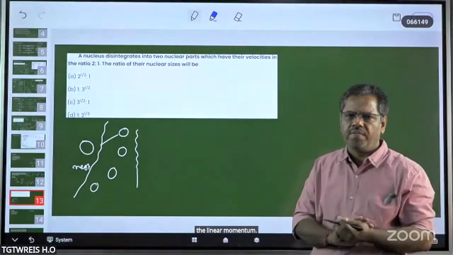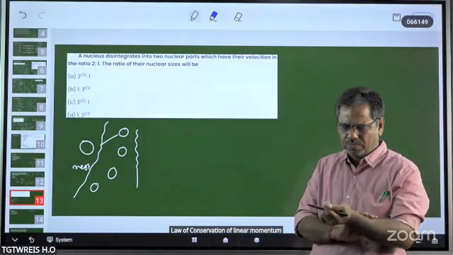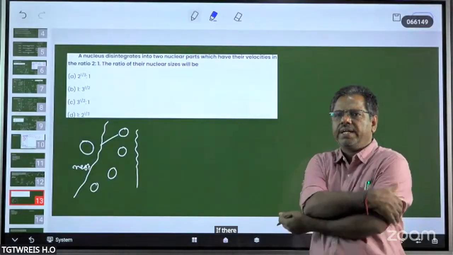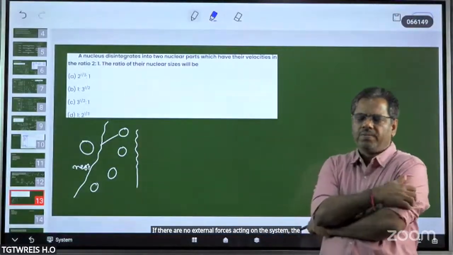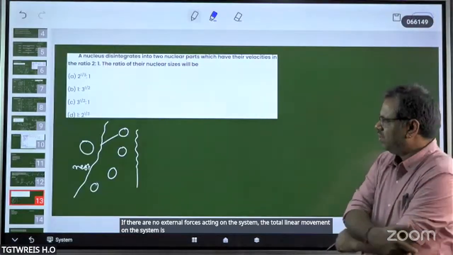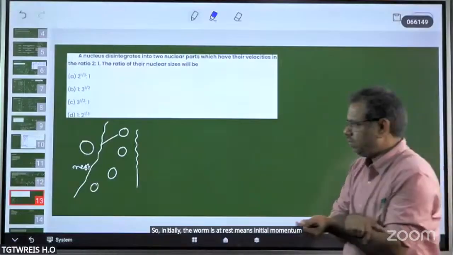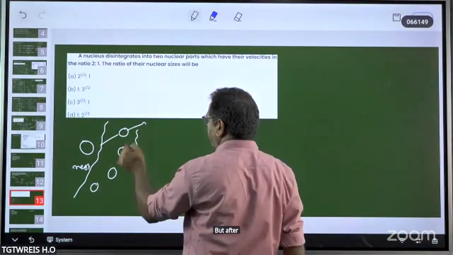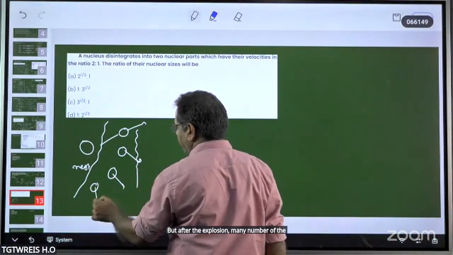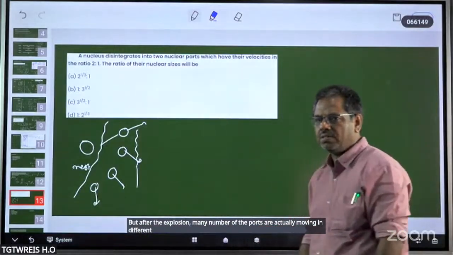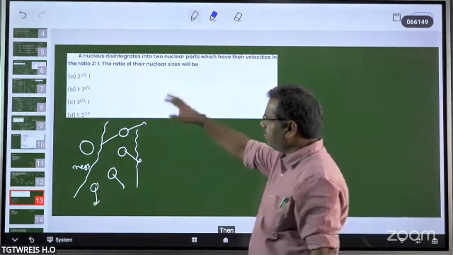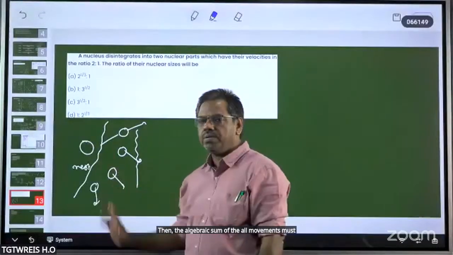The law of conservation of linear momentum you already know: if there are no external forces acting on the system, the total linear momentum of the system remains constant. Initially the bomb is at rest, so the initial momentum is equal to 0. But after the explosion, many parts move in different directions. Then the vector sum of all the momenta must also be equal to 0.